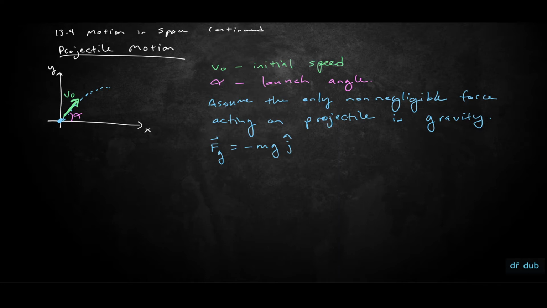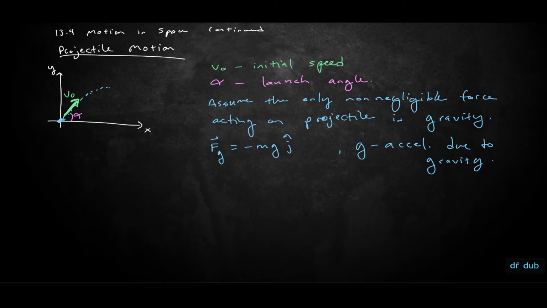And g here is the acceleration due to gravity. And you pick your favorite constant for that, whether you work in feet or meters or whatever. Probably on the exam I'll use 10 meters per second squared. It could be 32 feet per second squared. It just depends on what units you want to use and how precise you want to be with that constant. It could be 9.81.